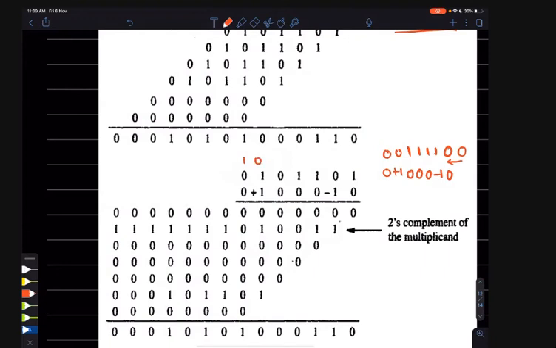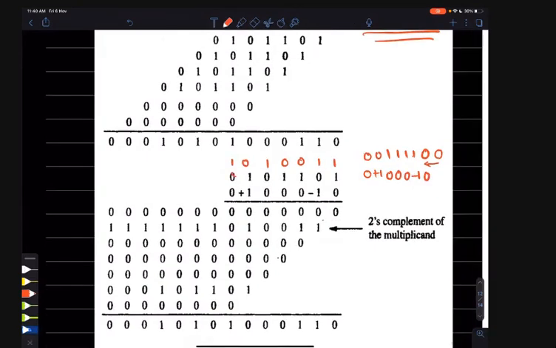What is the 2's complement of this? 1 0 1 0 0 1 1. That is the 2's complement of m. So copy this 2's complement here: 1 1 0 0 1 0 1, and then the rest is the extended sign bit.